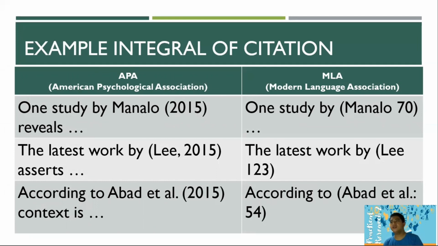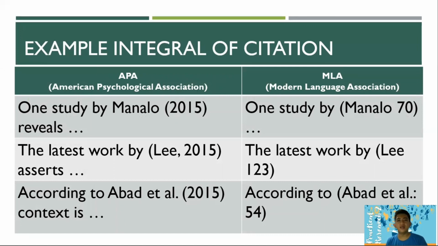So we have there the name of the author, which is Manalo, and then the date. In the MLA, we have one study by Manalo, then we have page 70. So you will notice that the APA format is more on author-date style, while the MLA is more on author-page style.